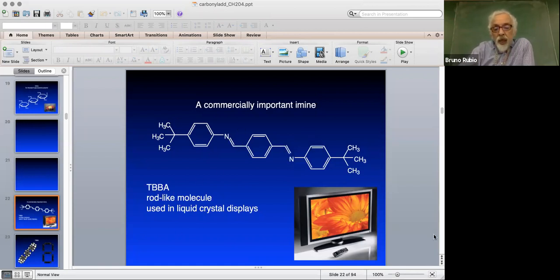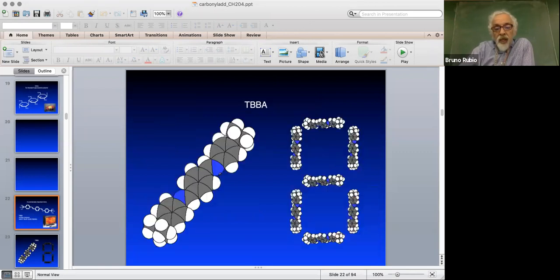In a molecular model of this molecule, the molecule is rod-like. The blue represents the nitrogen, the gray is the carbon, the white is the hydrogen. This TBBA molecule, which is a commercially important imine, is rod-like, and it can orient itself based on the voltages that are being supplied by the TV or the cell phone or whatever is using that liquid crystal display.